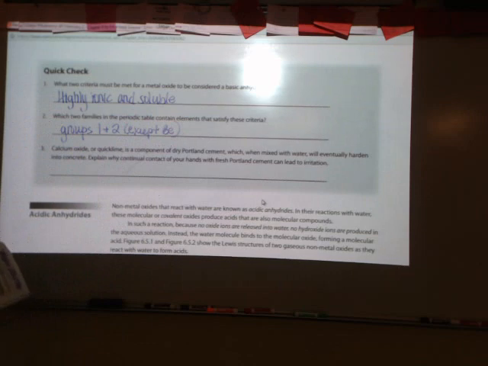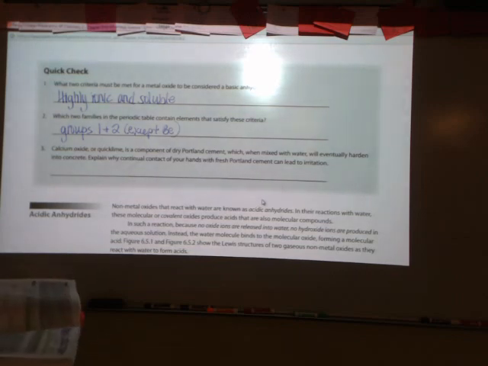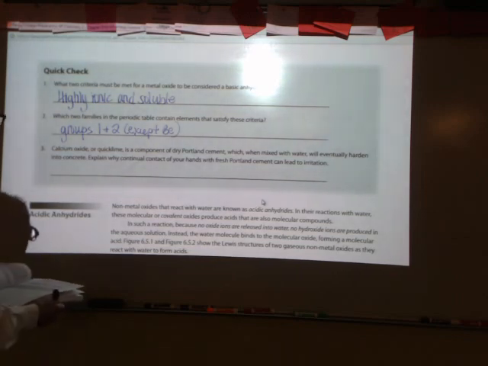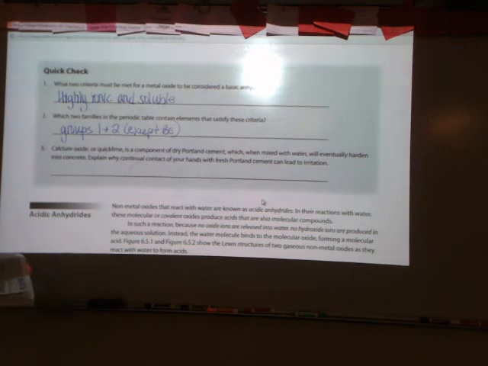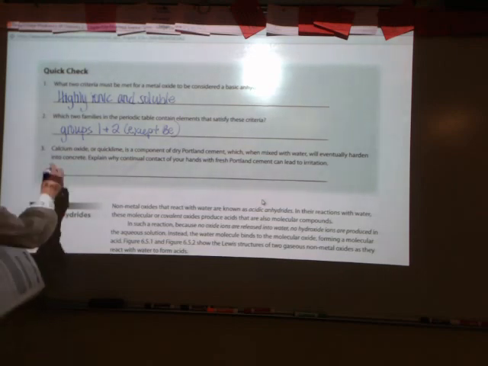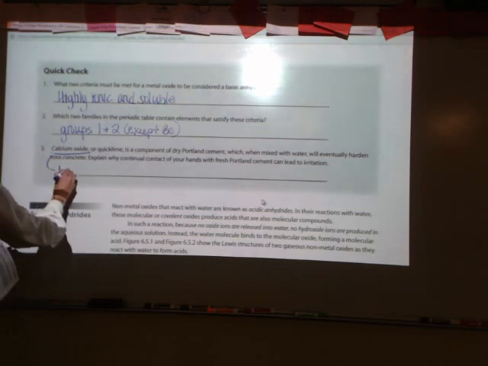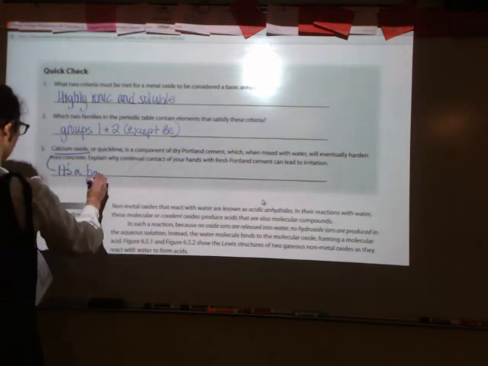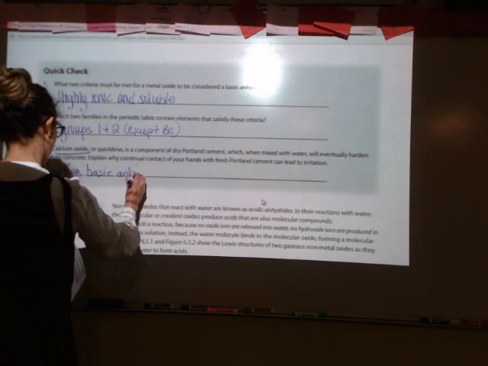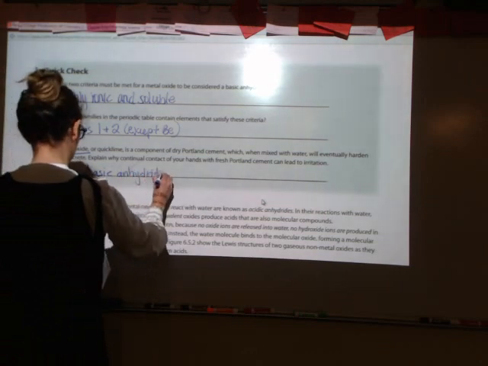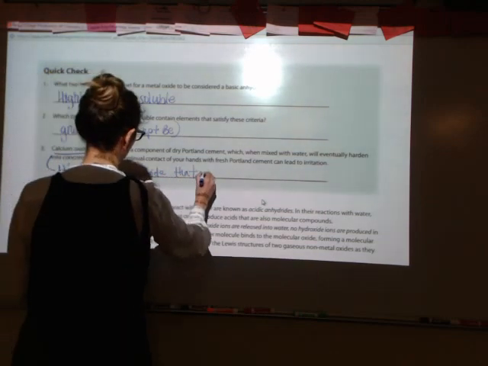Number 3, calcium oxide or quicklime is a component of dry Portland cement, which when mixed with water will eventually harden into concrete. Explain why continual contact of your hands with fresh Portland cement can lead to irritation. Well, the calcium oxide that's in cement is a basic anhydride. So it reacts with moisture in your skin.